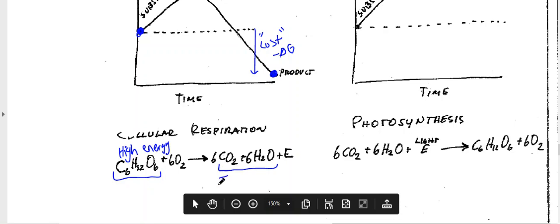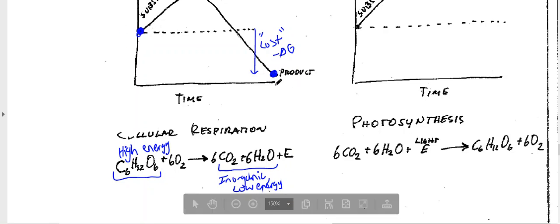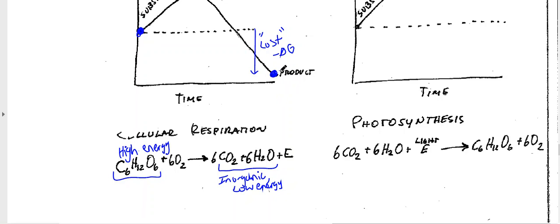These are inorganic. They don't have a lot of carbon-hydrogen bonds at all, actually. Inorganic. I want to say low energy, which is characteristic of our products. So here we have glucose, a high energy substrate, and we end up with CO2 and water, low energy products.